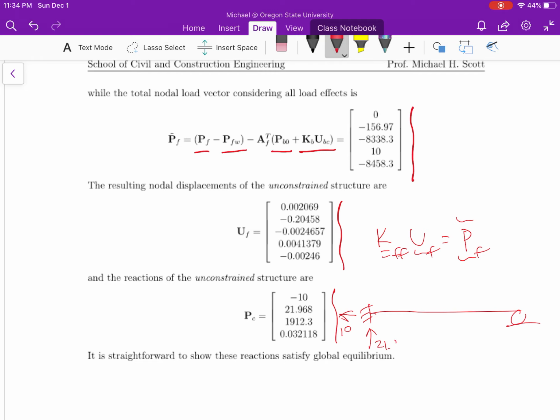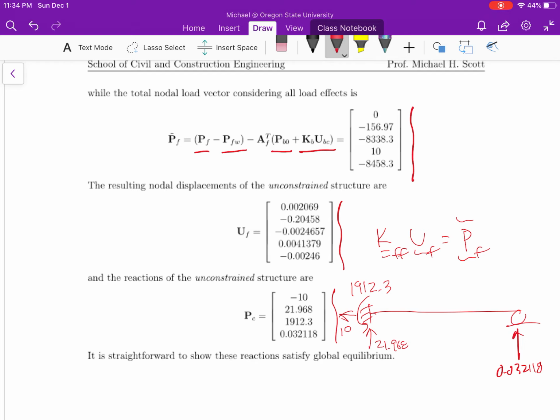This is 21.968. This is 1912.3. This is kip inches, right? And then 0.032118 there.